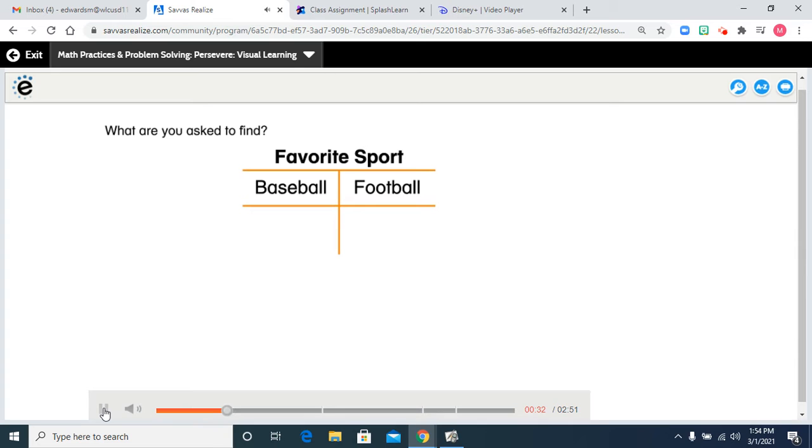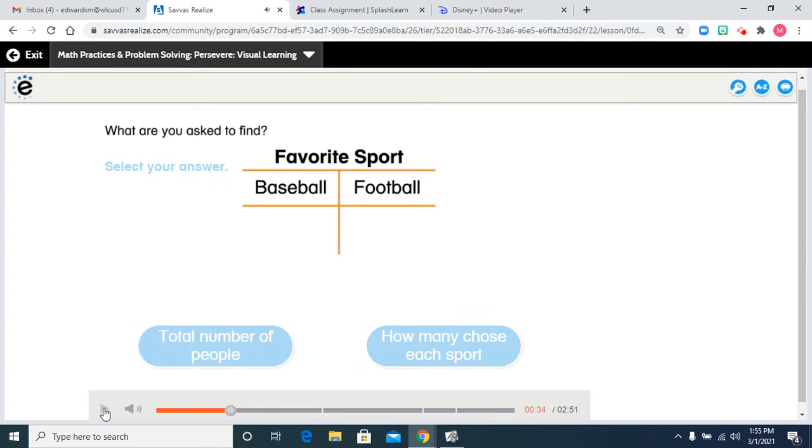What are you asked to find? Select your answer. Okay, are we asked to find the total number of people or how many chose each sport? Well, we already know the total number of people. So what we're trying to find out is how many voted for baseball and how many voted for football.